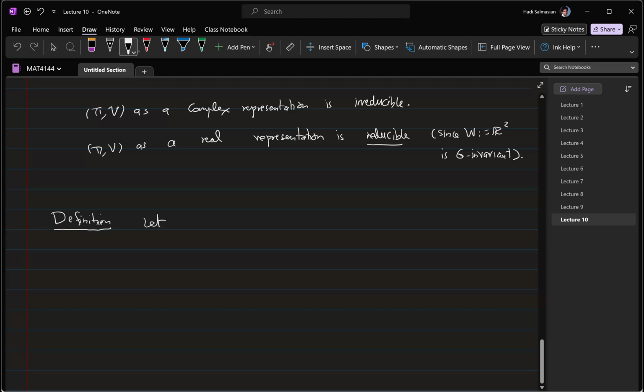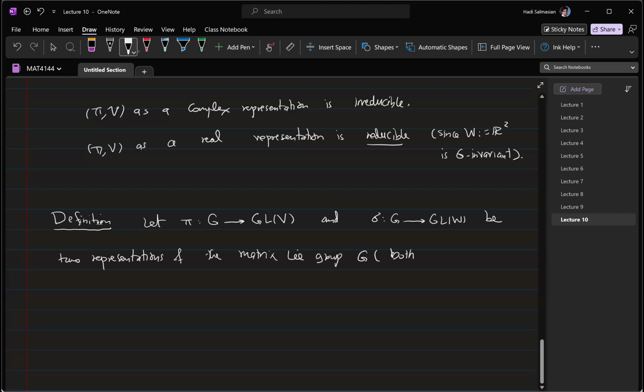Let pi and sigma be two representations of the matrix Lie group G. So we assume that they're both real or both complex. We don't want one real and the other one complex.